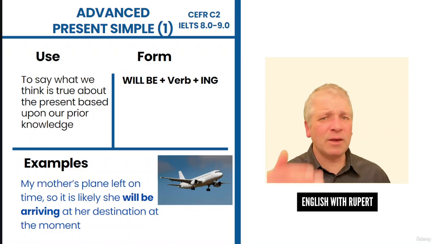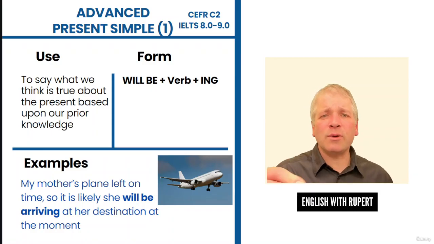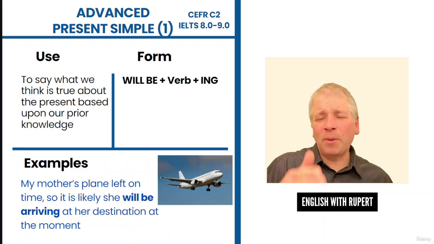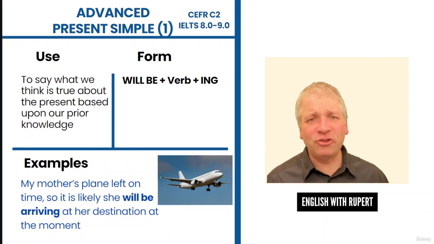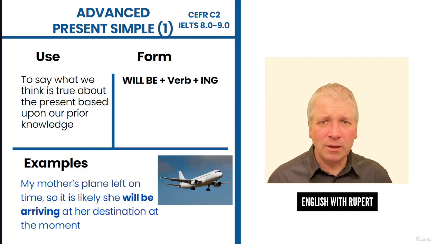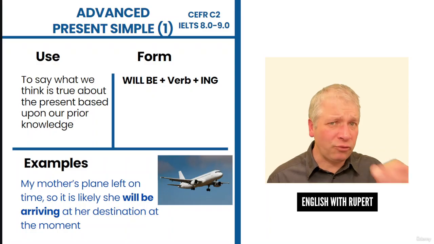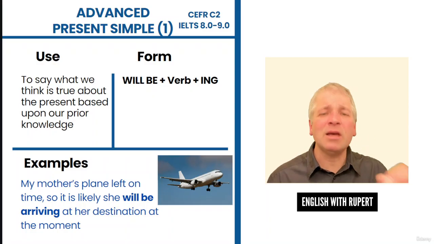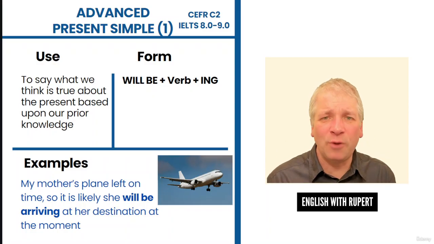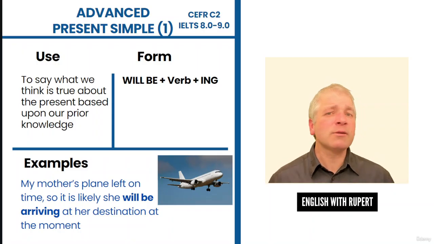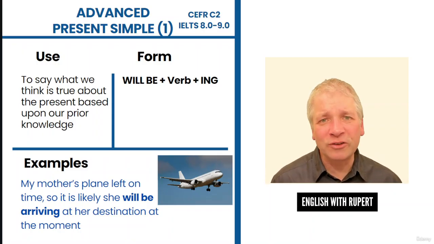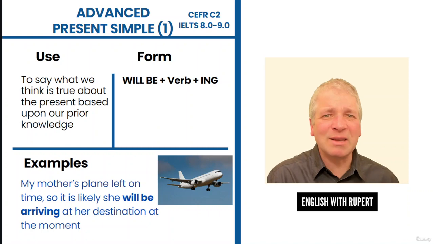And if it's an activity, we can use will be followed by the verb followed by ing to explain what we believe is true about an activity somewhere else that we're not involved in. So it's a surprising use of the future continuous with a present simple meaning.